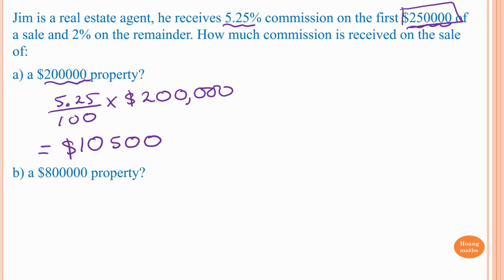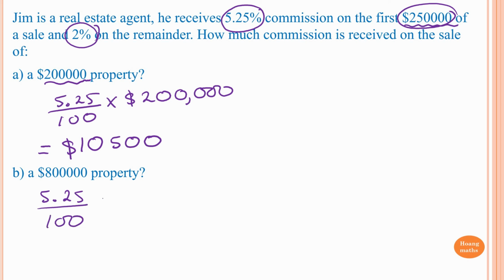Part B, 800,000. This means that it way exceeds 250,000. So he will get 5.25% of this and plus 2% on whatever is left. So the first one is 5.25% of 250,000.